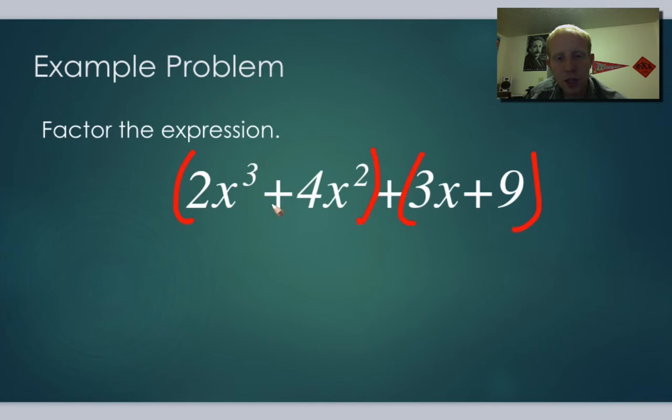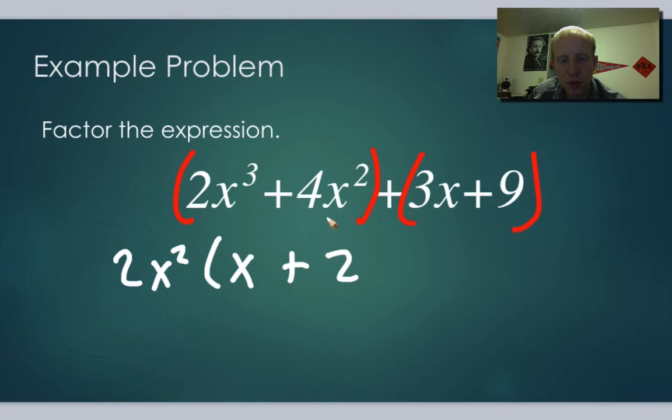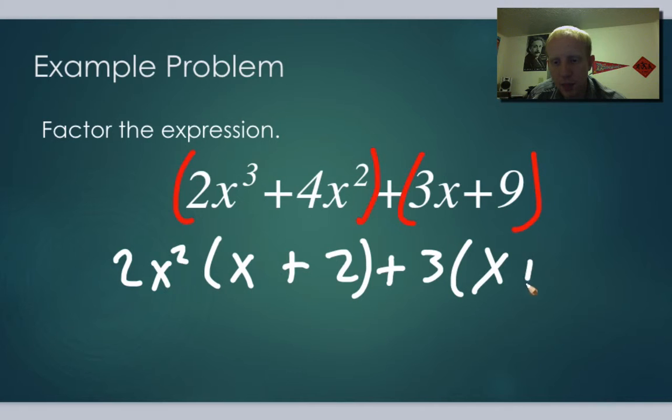For 2x cubed plus 4x squared, the common factor is 2x squared. So we get 2x squared, and 2x squared times x gives us that, and 2x squared times 2 gives us this. For the other expression, you'll notice that 3 goes into both, so you get 3 times x plus 3.